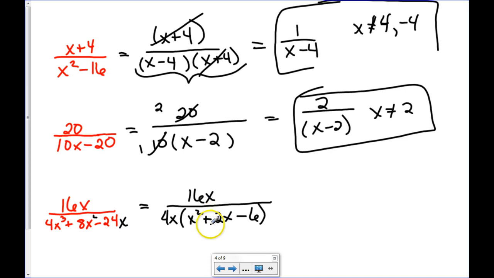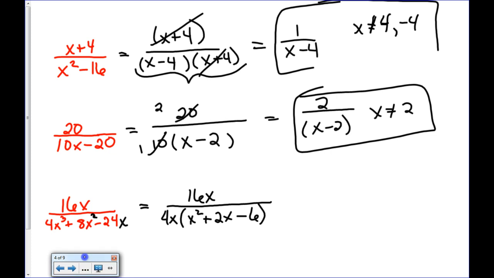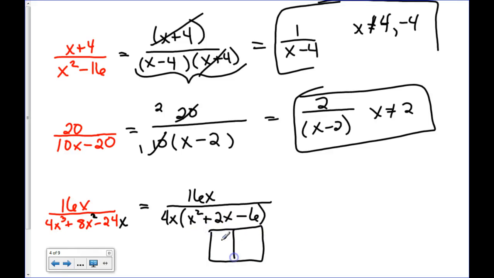Now, this is an 8x squared, sorry. Question, can I factor this further? What method would I use to factor that? Box. Okay, so let's make a box real quick and see if we can factor it.